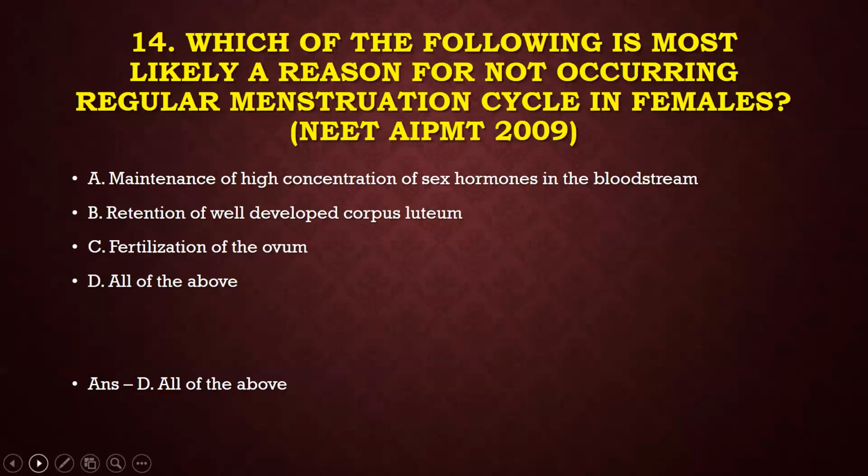A high blood concentration of progesterone and estrogen will delay or stop the menstrual cycle. If there is a high concentration of progesterone and estrogen hormone in the blood of females, it will stop the menstruation cycle, meaning it will not give the signal for the endometrium wall to break.